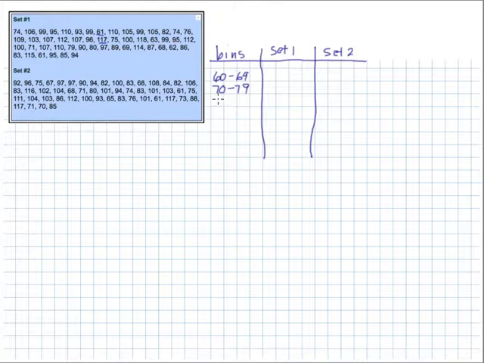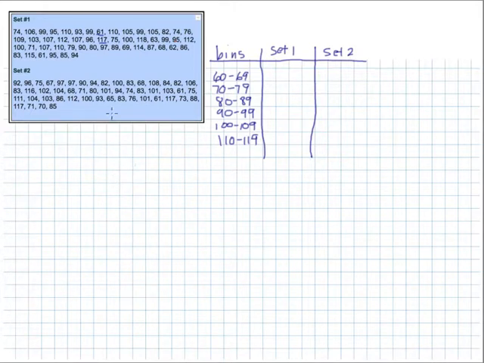So 60 to 69, 70 to 79, 80 to 89, 90 to 99, 100 to 109, and 110 to 119. I think that should do it.